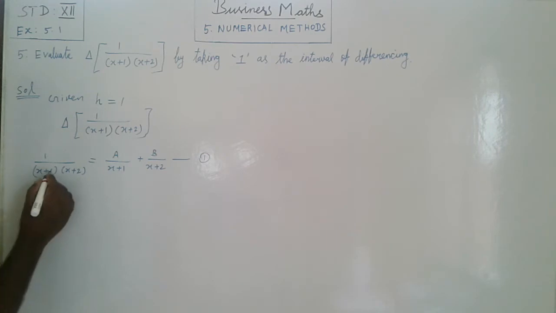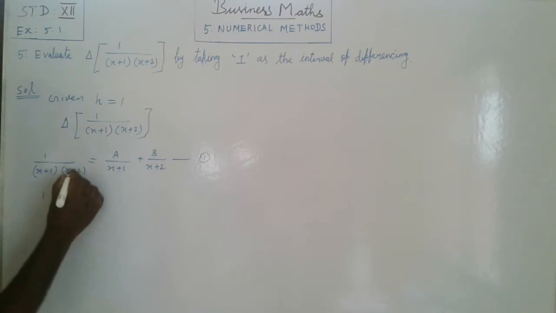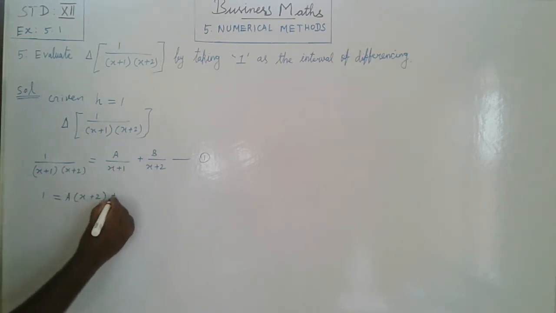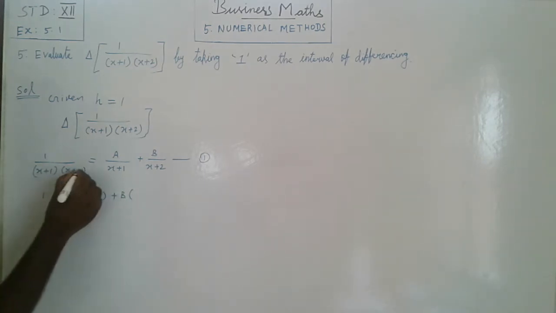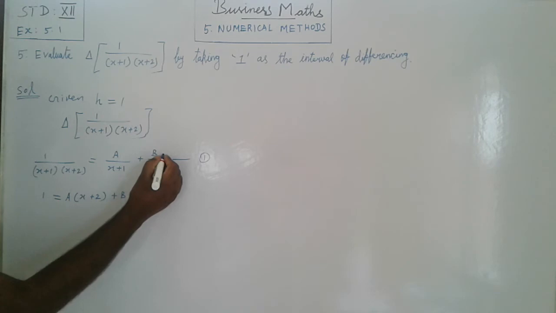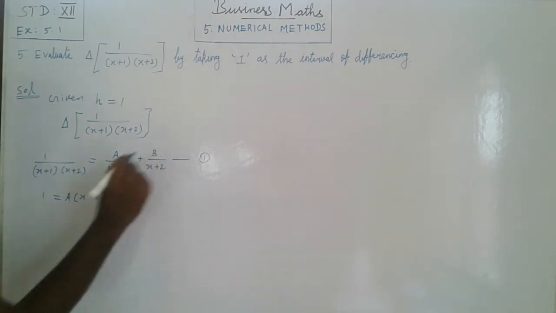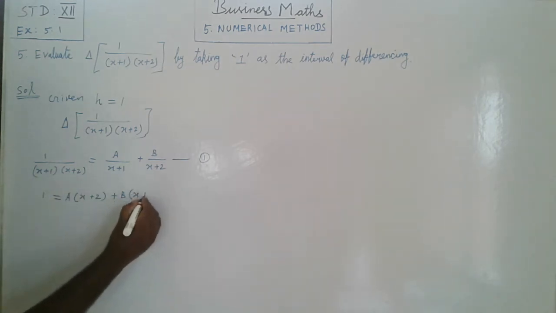We should cross multiply here: 1 equal to a into (x plus 2) plus b into (x plus 1), since the other factors cancel.